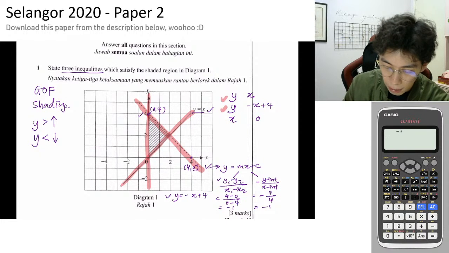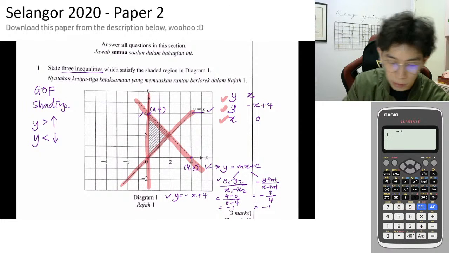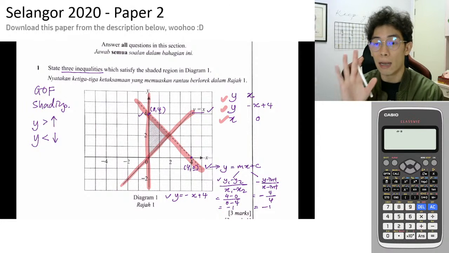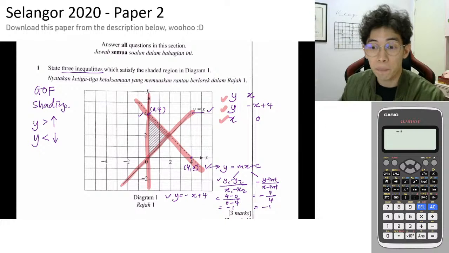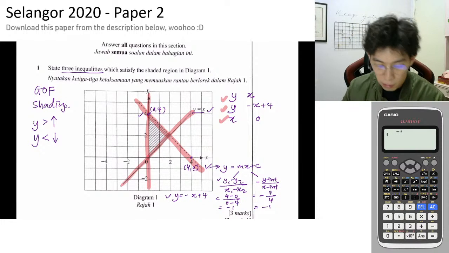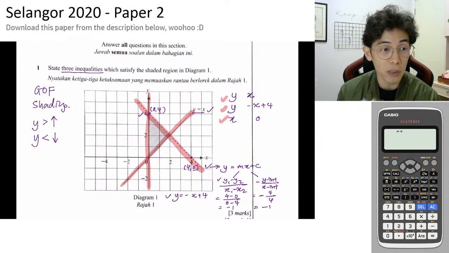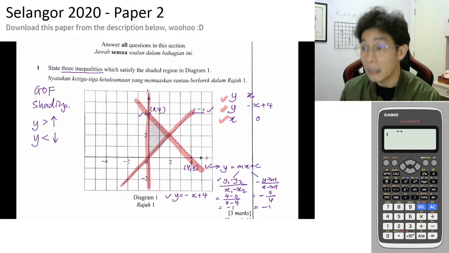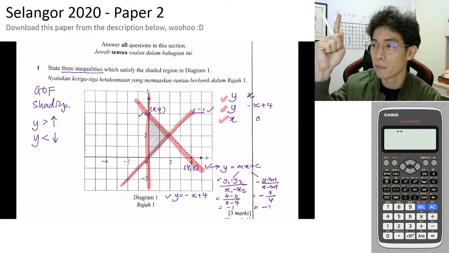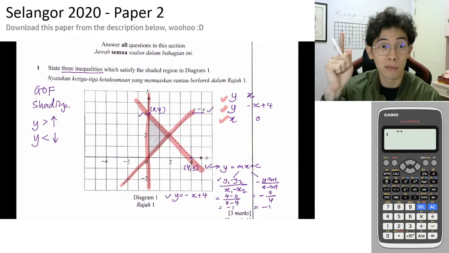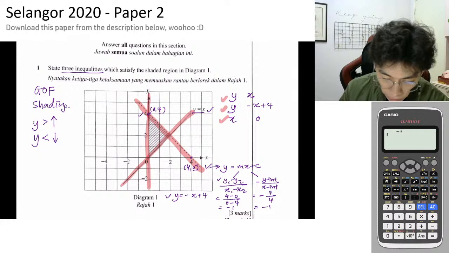Then everyone, since I have all the lines ready, I'm going to feed my answer in, and listen carefully. Remember just now at the start of the question, I mentioned that y greater, you go up. So everyone, look at this one by one.